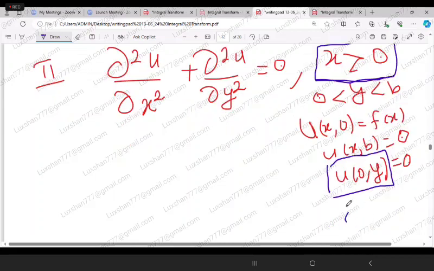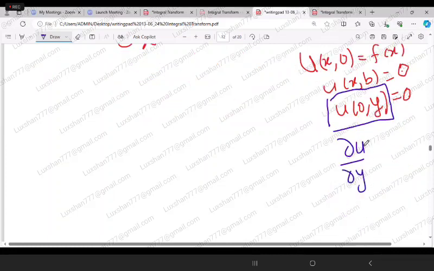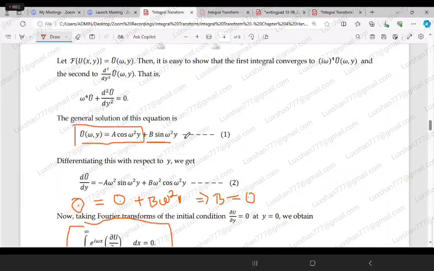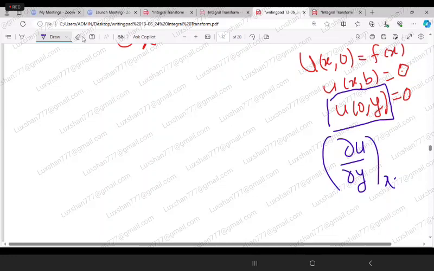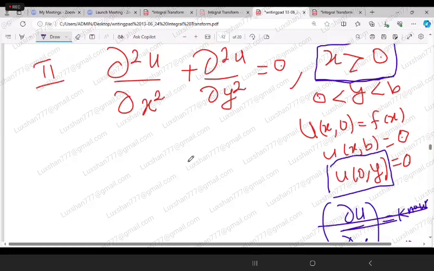If we know the value of ∂u/∂x when x equals 0, sorry, ∂u/∂x, then we go for cosine. Here we don't know this one. Therefore, we go for the sine transform. So what we do, we take the sine transform.